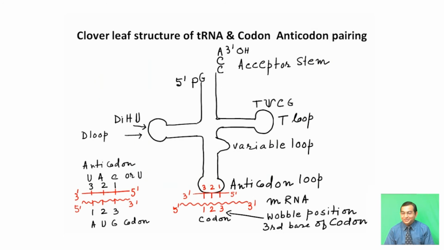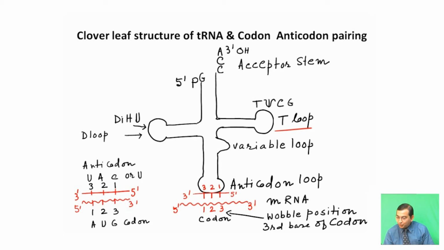Now the structure of the tRNA is very interesting. Robert Holley first described the cloverleaf structure of tRNA and how codon anticodon pairing occurs. This cloverleaf structure of tRNA consists of a CCA acceptor stem and a 5' end. Then there is a T loop, also called the T pseudouridine CG loop.